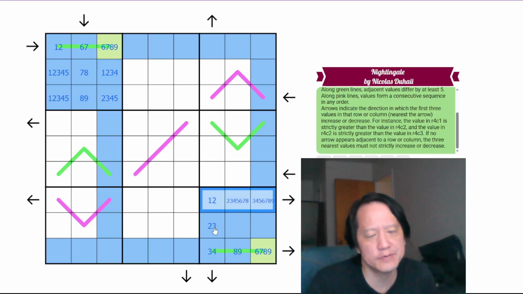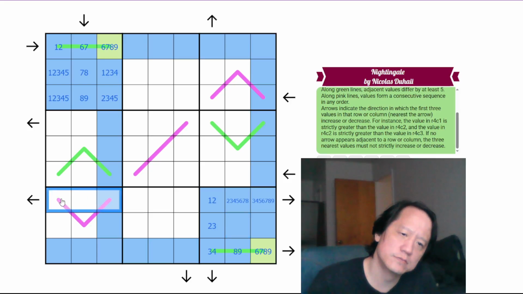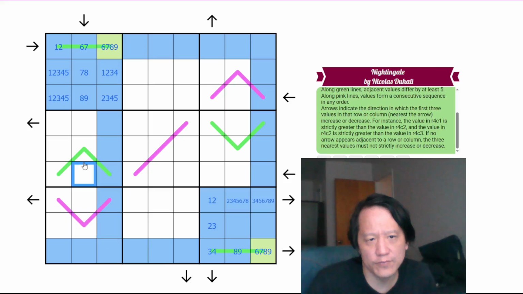Up, up. Don't know about this. This is going to be greater than that.